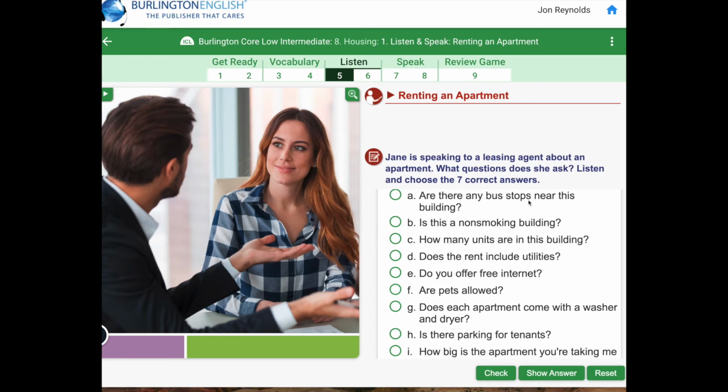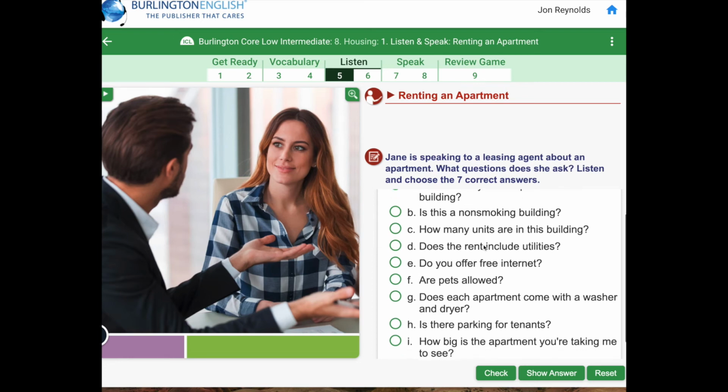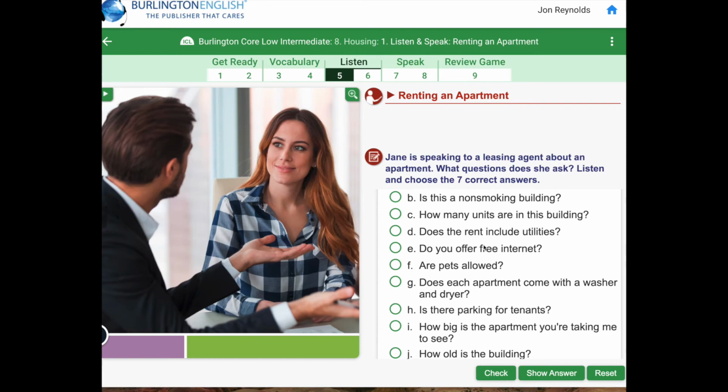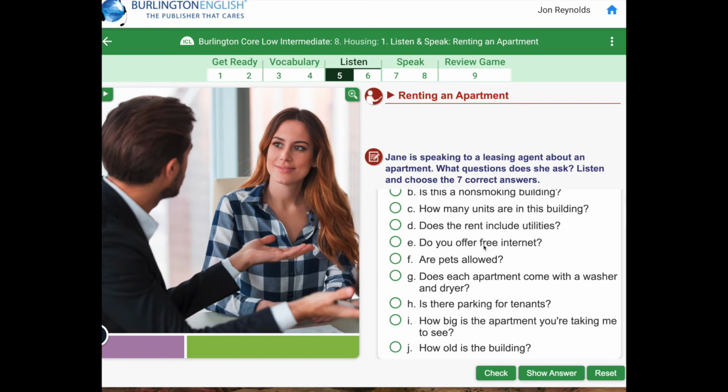Are there any bus stops near the building? Is this a non-smoking building? How many units are in this building? Does the rent include utilities? Do you offer free internet?